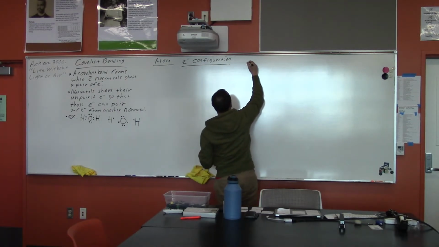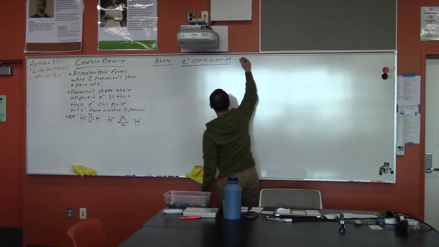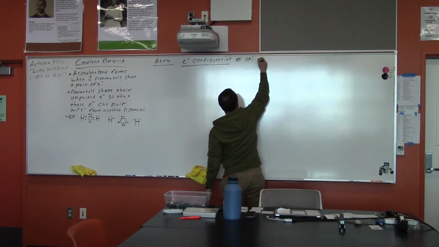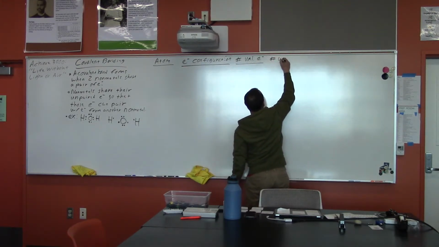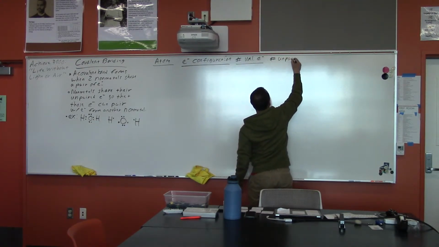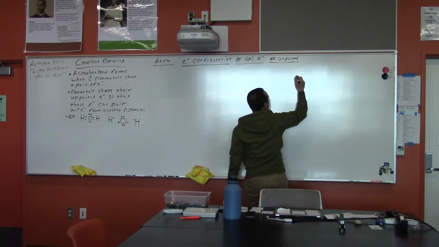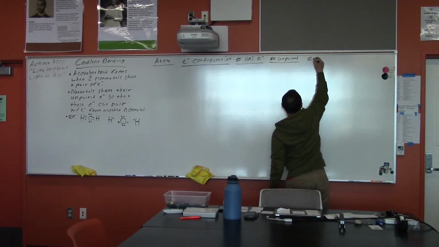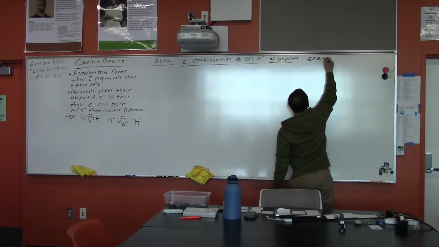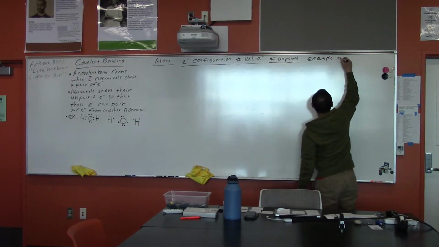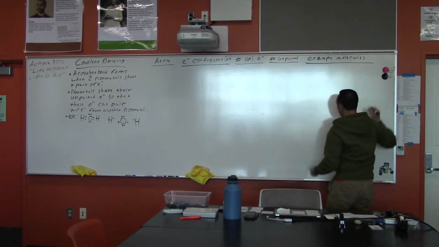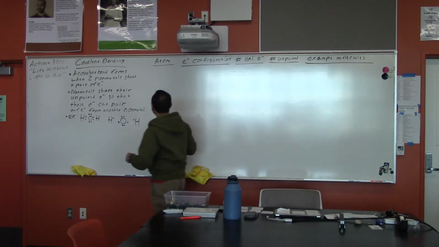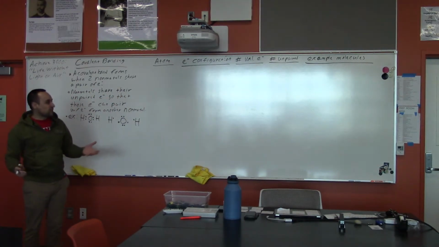And we're going to take a look at the number of valence electrons, and then the number unpaired, okay, and then we're going to look at some example molecules. Example molecules.